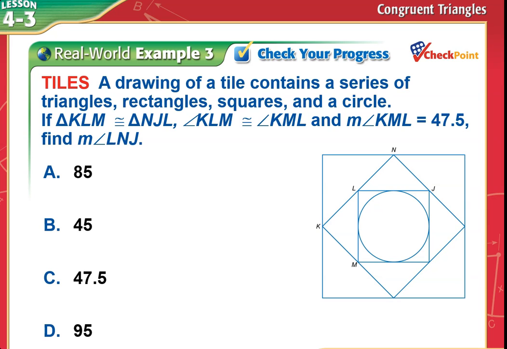Okay, here's a drawing of a tile. It contains a series of triangles, rectangles, squares, and a circle. Okay, and we know that the triangles KLM and NJL are congruent, and angles therefore KLM and KML are congruent. And also the measurement of KML is 47.5.